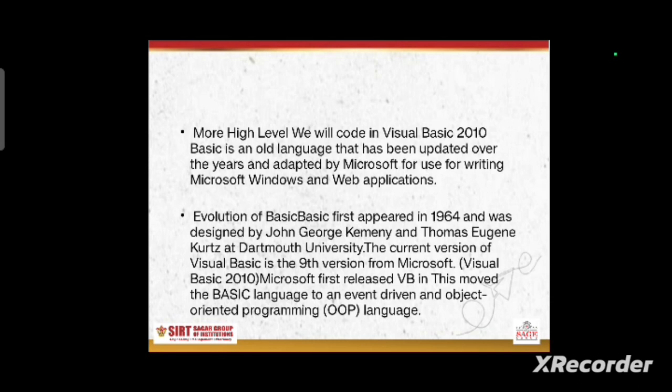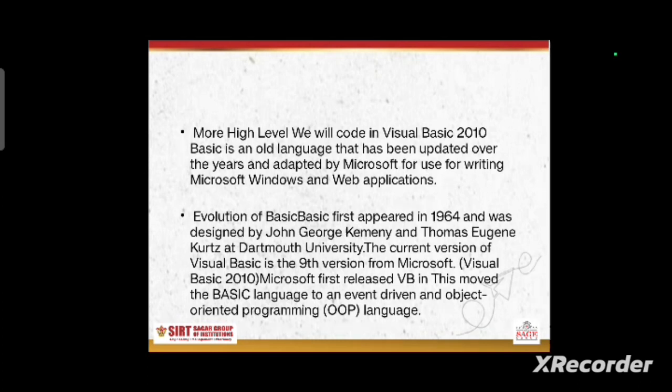So it is very easy to understand for users, because we are using the English language, and we all know about the English language. In this English language we use grammars, tokens, alphabets, and expressions. If we use these types of sentences in our programming, then it will be easy for the user to understand.